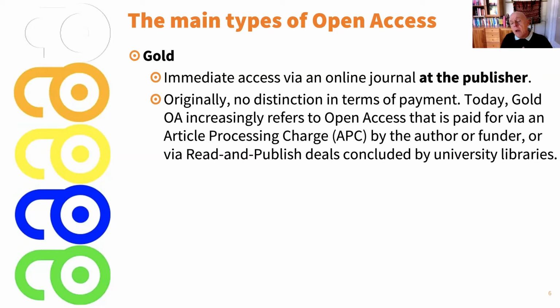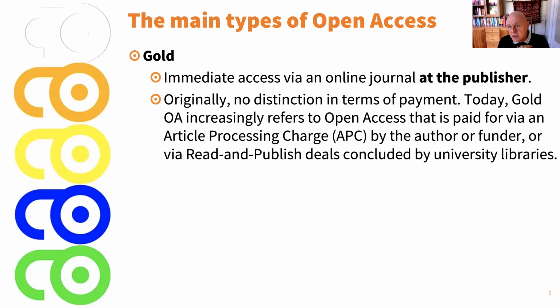For some gold open access journals you had to pay, for other gold open access journals there was no need to pay. But in fact, this usage has evolved. It's important to know that, because today gold open access increasingly refers to open access that is paid for by paying an article processing charge.